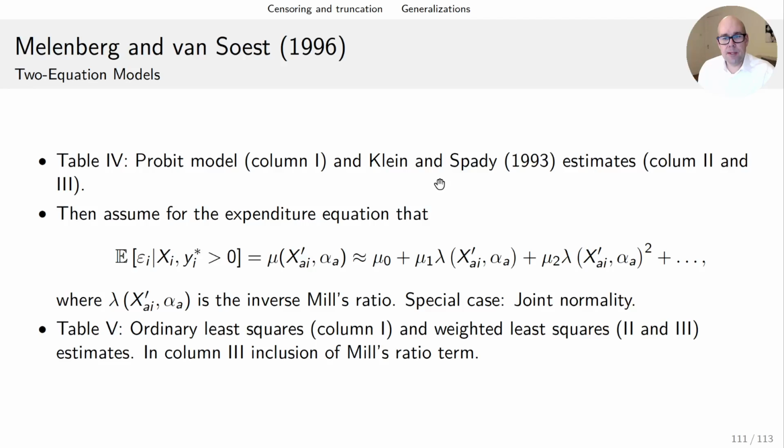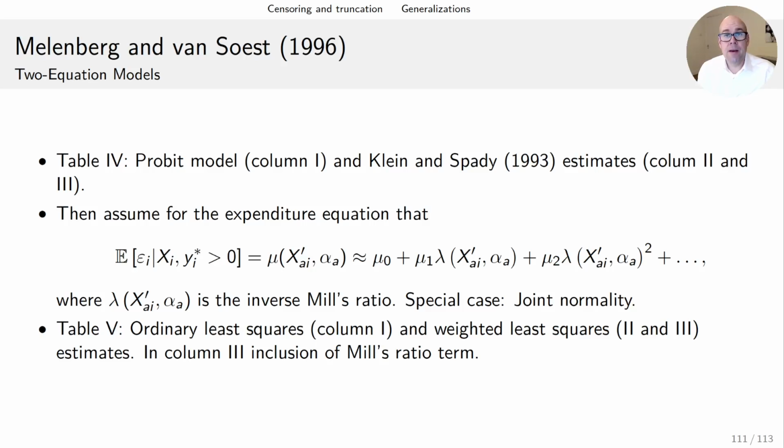Then they calculate the Mills ratio term and specify the expectation of epsilon given x and given that the observation is not censored as a flexible function in that Mills ratio term. This can be seen as a generalization of the Heckman correction.